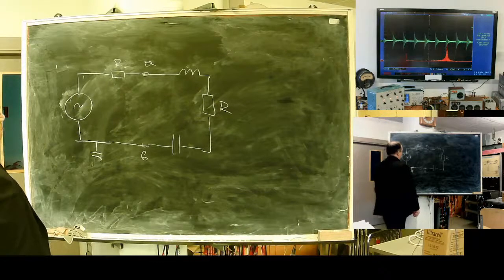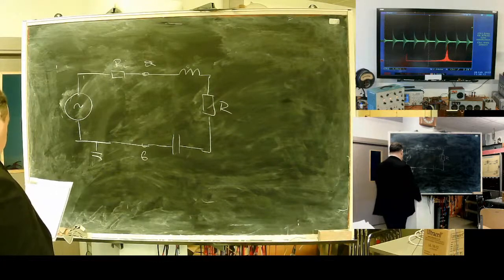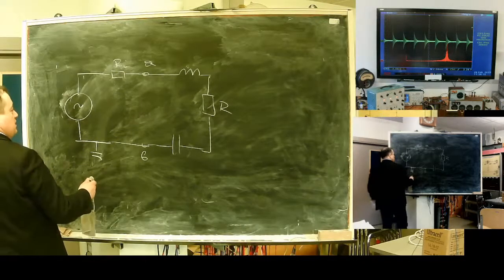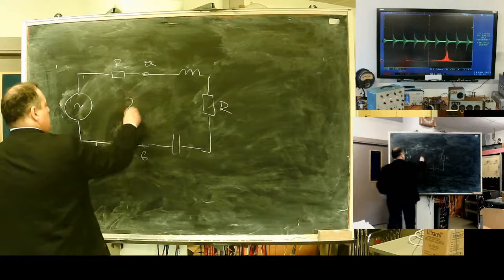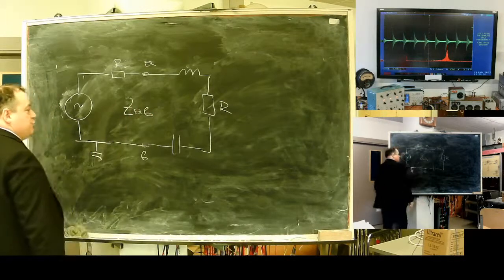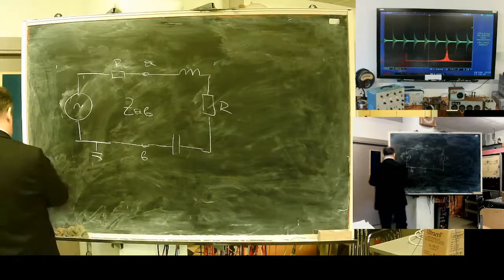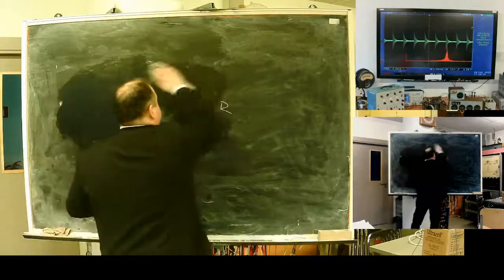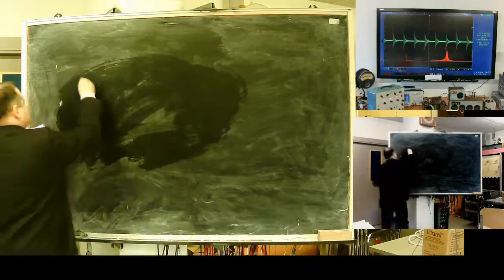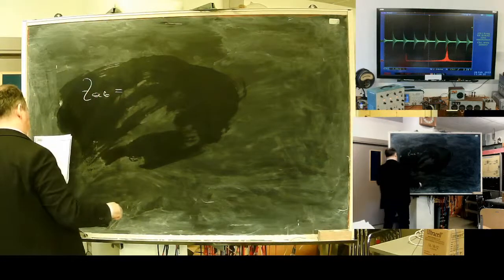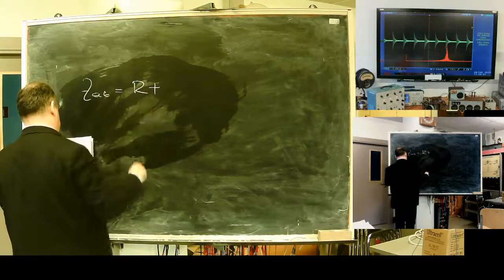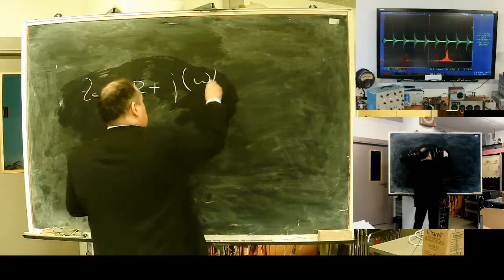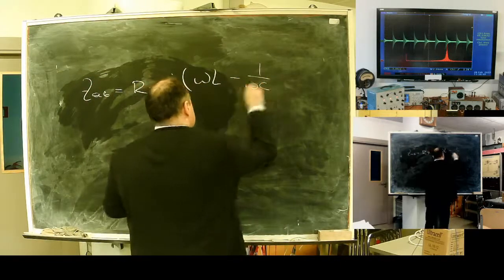Something like this. Input resistance is an input resistance. It will be R plus j omega L minus 1 over omega C.